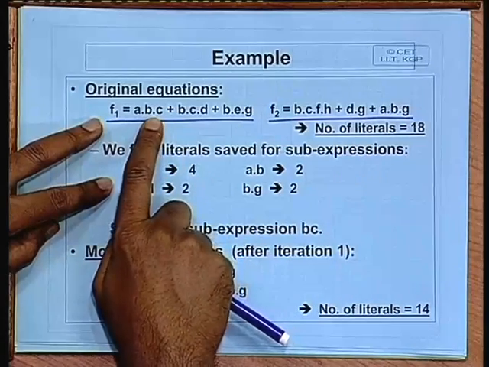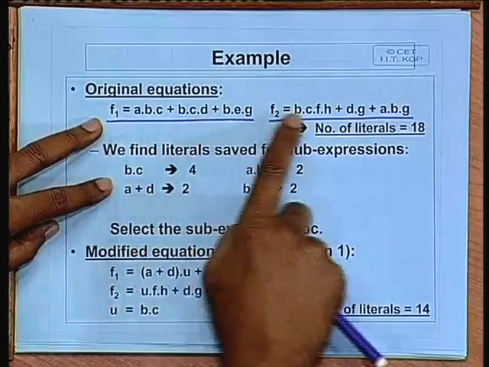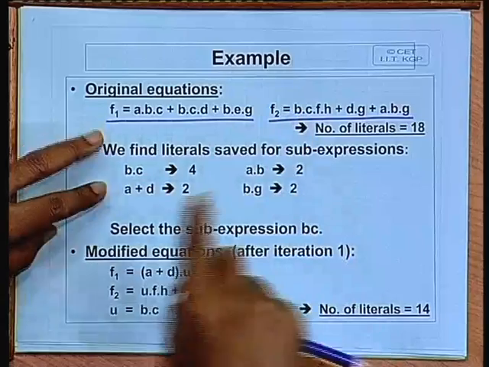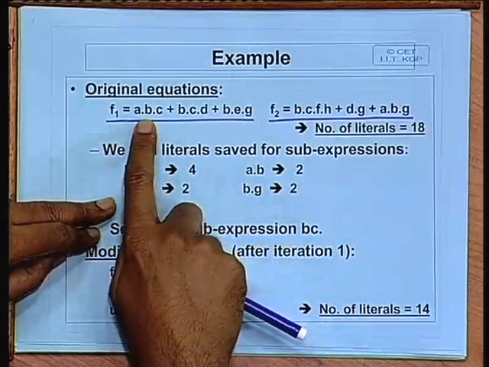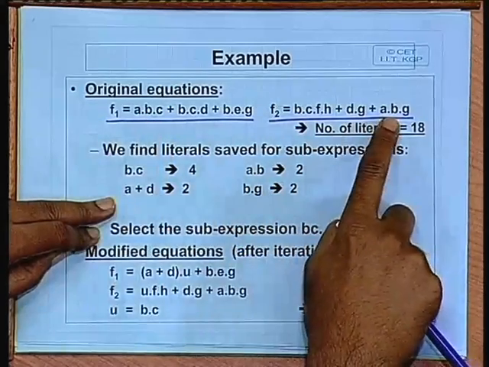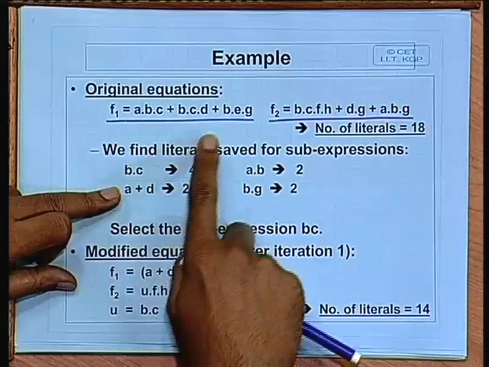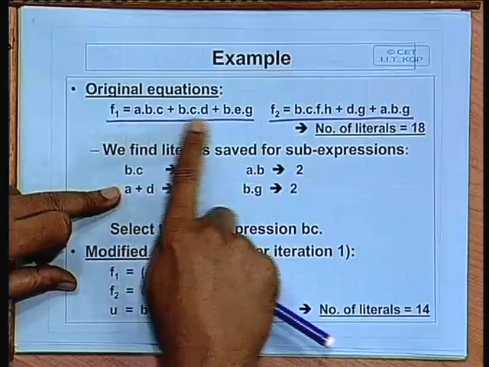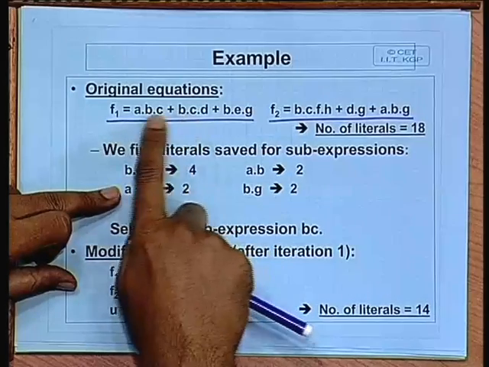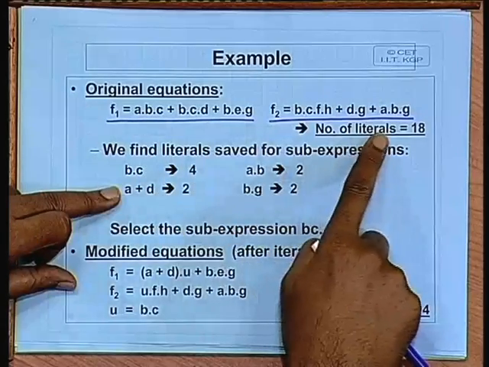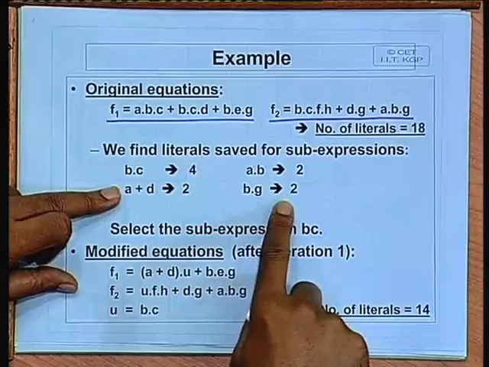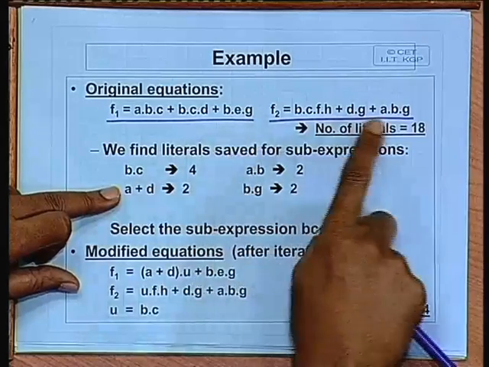BC is present here, here and here. AB. AB is present here and here. A or D. Well, A or D you can have from here by factoring, by taking BC common, A or D, that is all. BG, BG is here and BG is here.